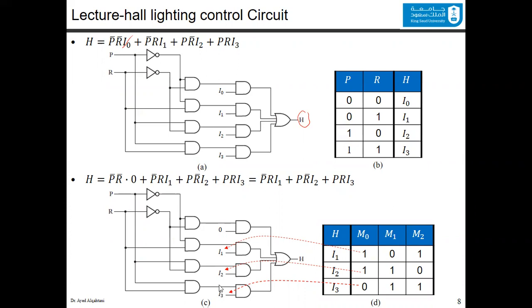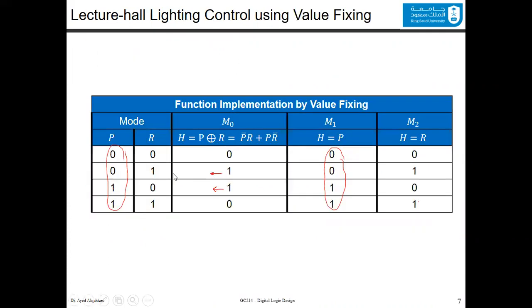And the reason behind this is, if you go back to this truth table that we described earlier, you can see that in the outputs H, we have zeros in all of the modes, M0, M1, and M2, when it is 0 and 0. So we are not gonna use this one. It's always going to be 0. But for the other cases, there will be a 1 somewhere. Here we have 2 1s here, we have 2 1s here, and we have 2 1s here.